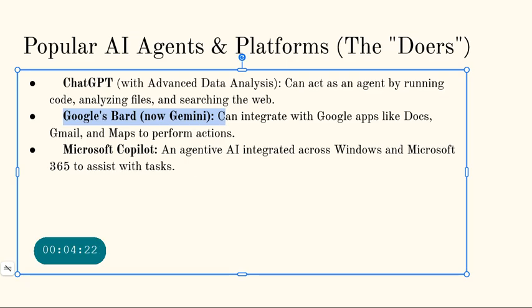Copilot is another interesting one. It's an agentic AI, and it is also integrated with Windows and Microsoft 365. Like when I'm writing an email, reviewing a document, creating Excel, creating a presentation, it can do a lot of wonderful stuff for me.